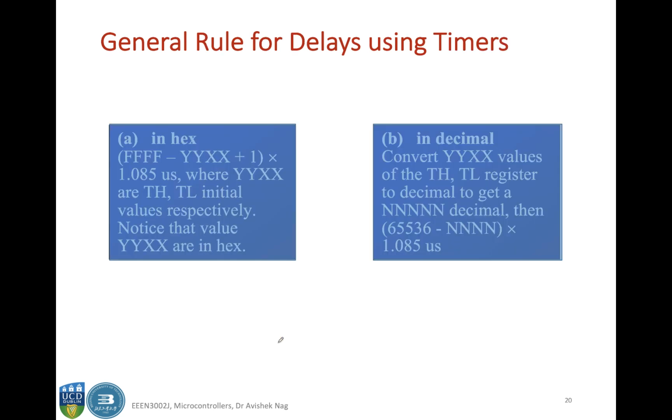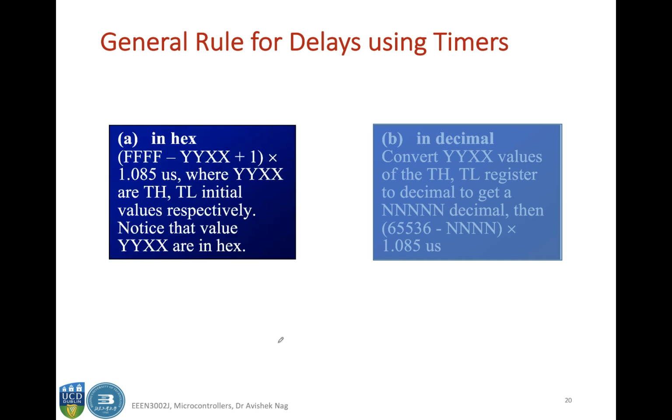So the general rule for delays using timers: in hex, you can have whatever is the maximum FFFF minus YYXX plus 1, times 1.085, where YYXX are the TH and TL initial values respectively.